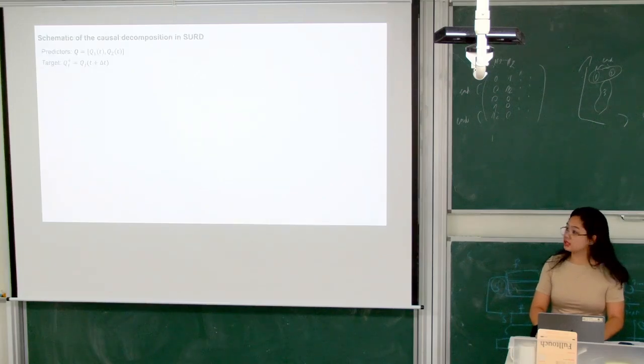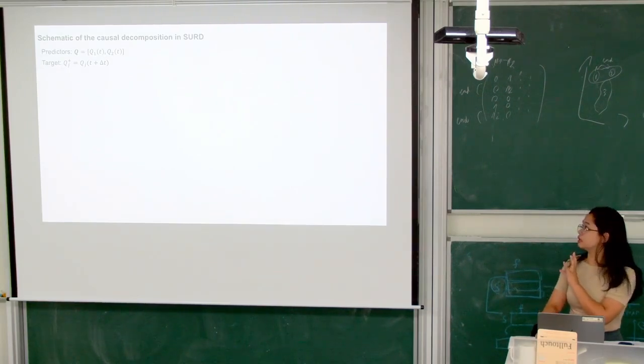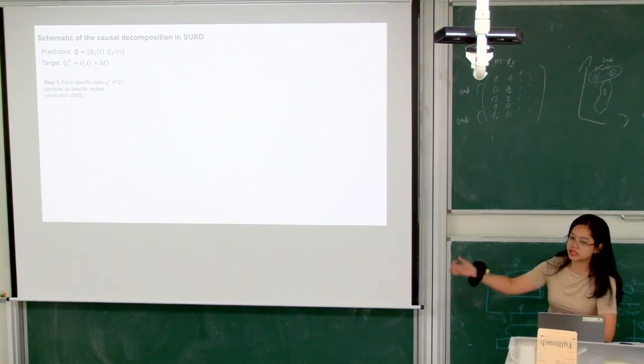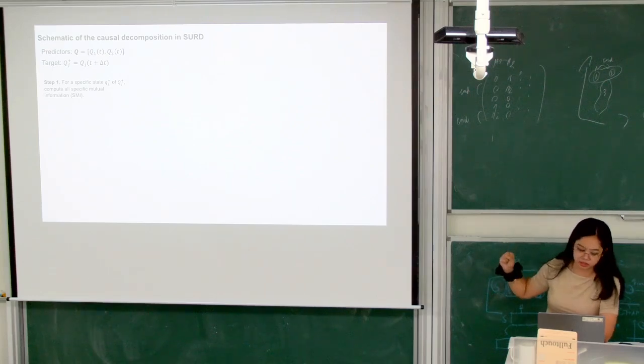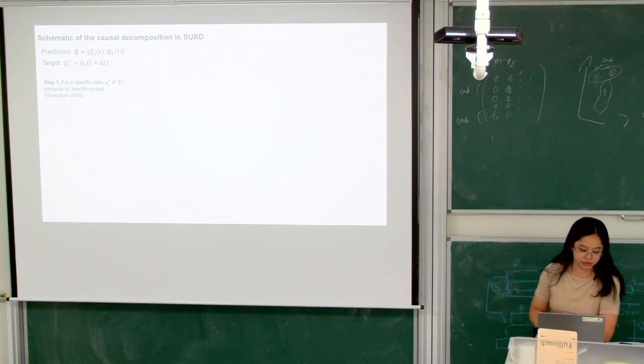Now, finally, we will see the schematic of the causal decomposition in SURD, but I will illustrate this first for the case where there are only two predictors. The first step is you take a specific state of the target variable and compute all the possible specific mutual information. So it looks something like this.